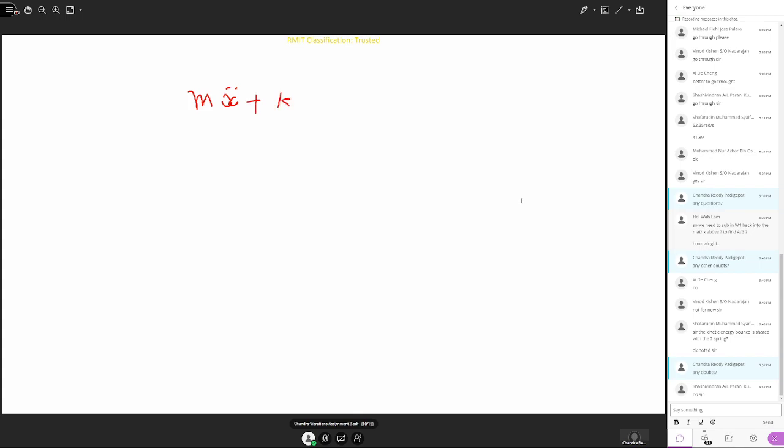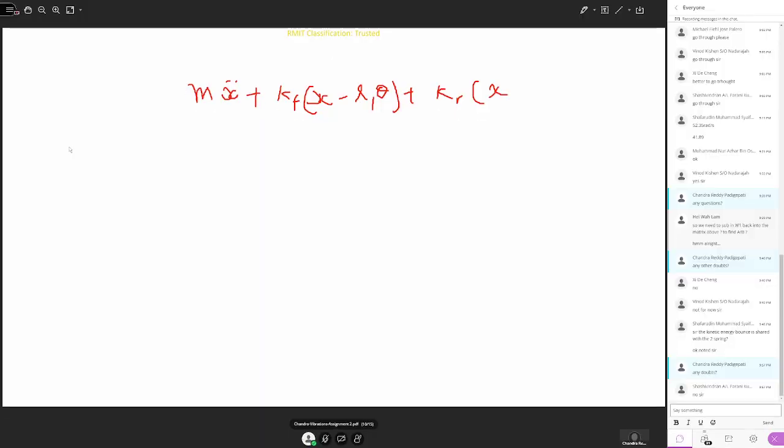The stiffness constant for the front, kf, you get x minus L1 theta, plus kr into x plus L2 theta. So this will be your equation 1.